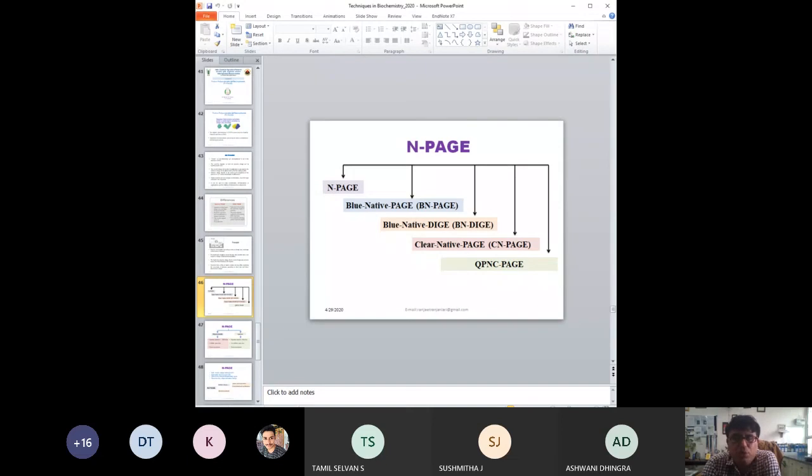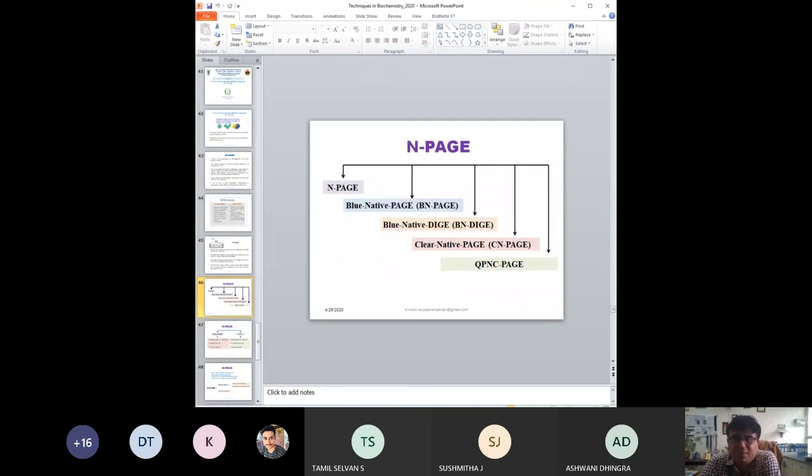This is called blue native PAGE, in short BN-PAGE, so blue native polyacrylamide gel electrophoresis. Then we have a third method which is called blue native DIGE, in short BN-DIGE. Here DIGE stands for differential gel electrophoresis, and this is a modification over BN-PAGE.